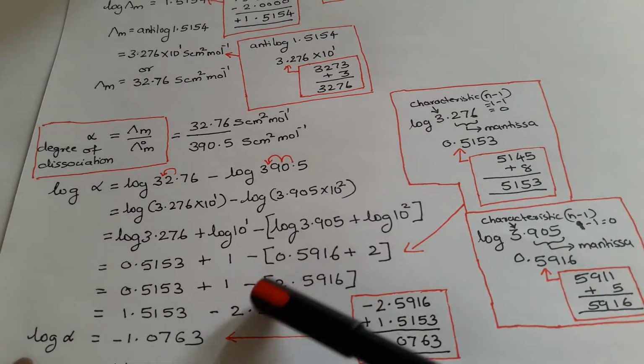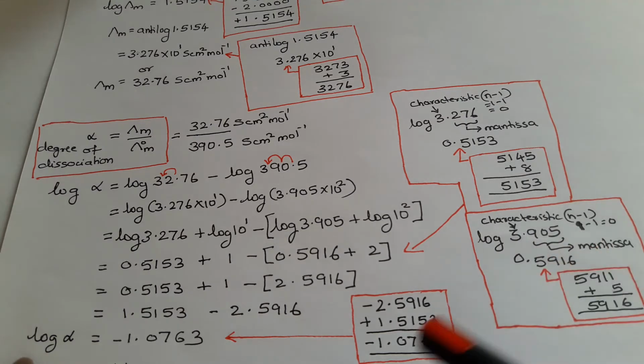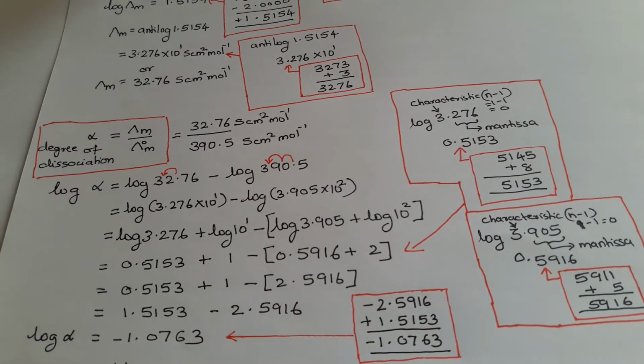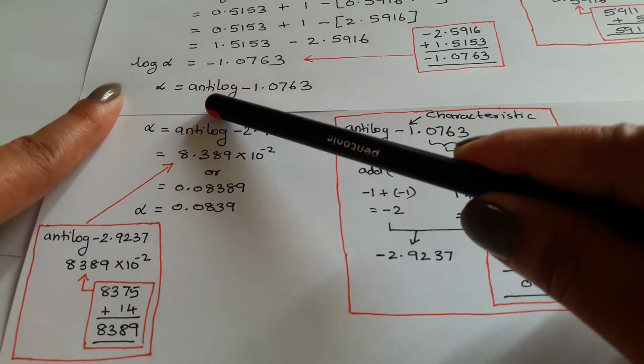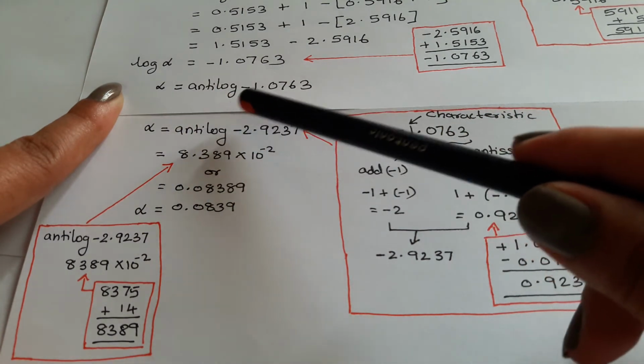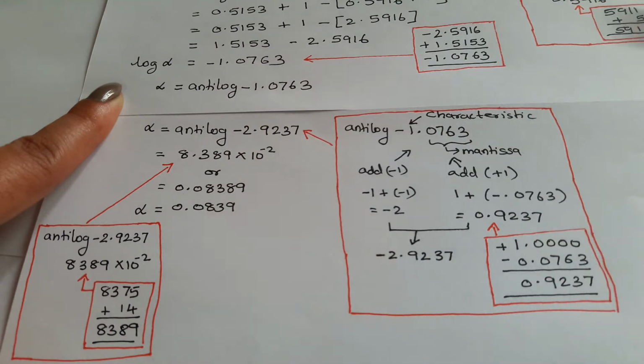After solving these steps, finding the log and doing all the calculations, we get log of alpha is equal to minus 1.0763. Now we write alpha is equal to antilog of minus 1.0763.